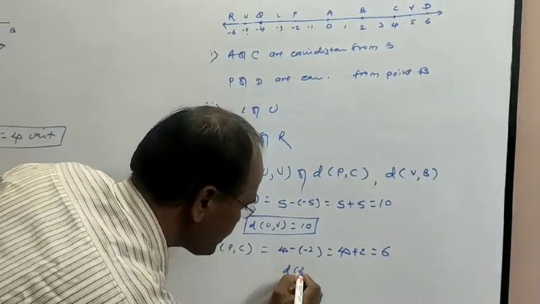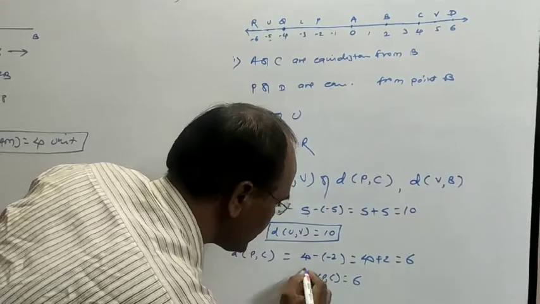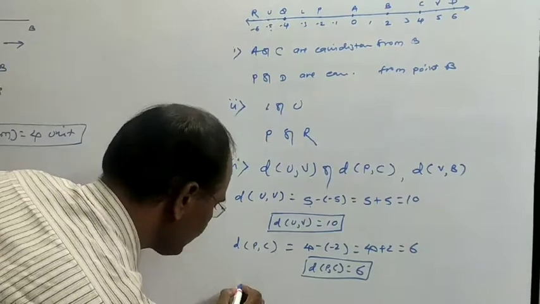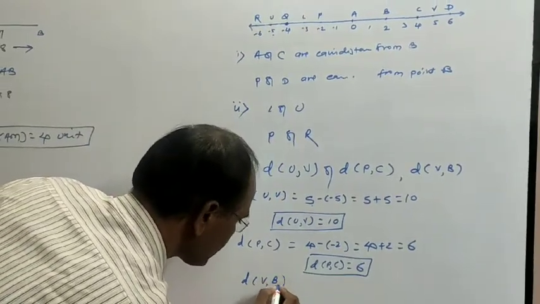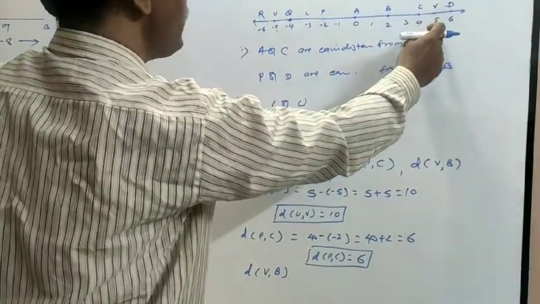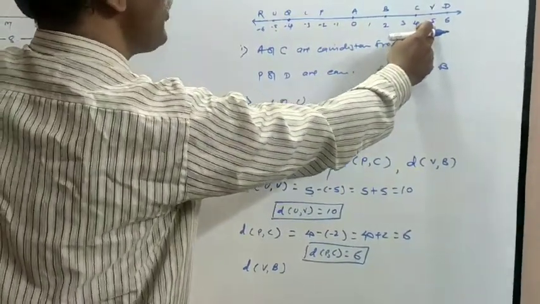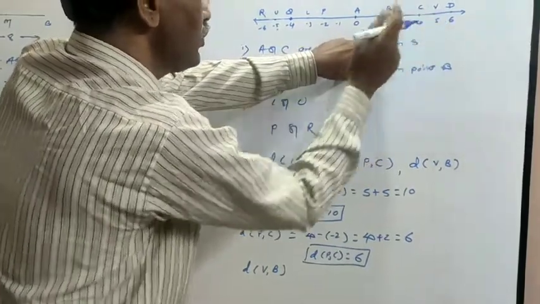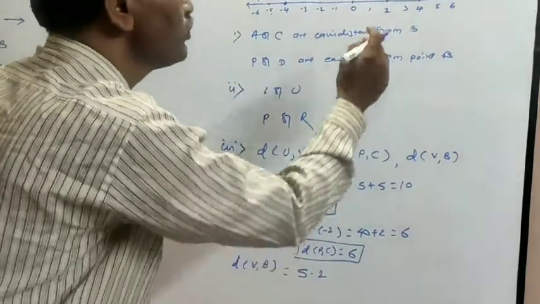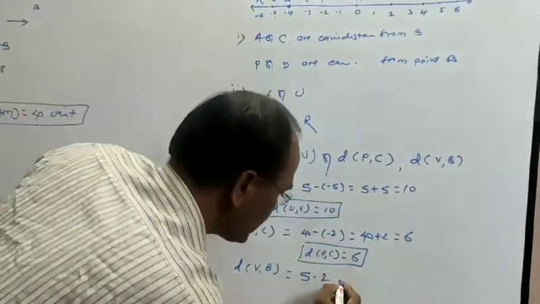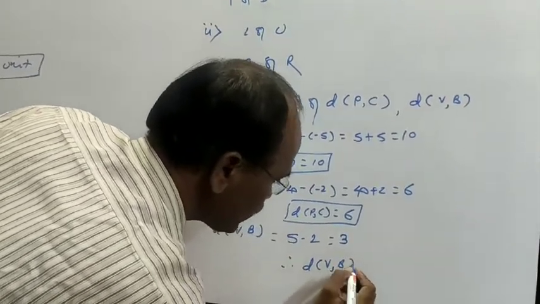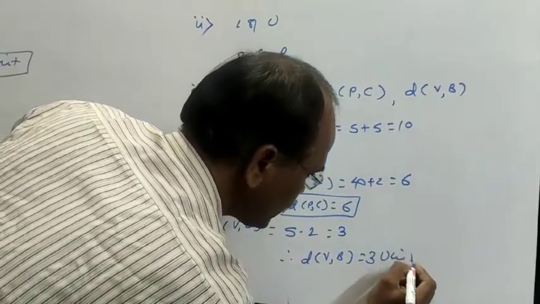Therefore, distance PC equals 6 units. Distance VB. Coordinate of point V is 5 and coordinate of point B is 2. Therefore, 5 minus 2 equals 3. Therefore, distance VB equals 3 units.